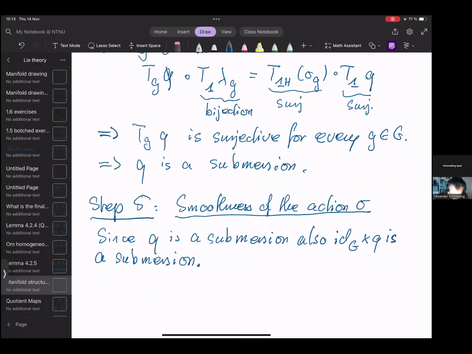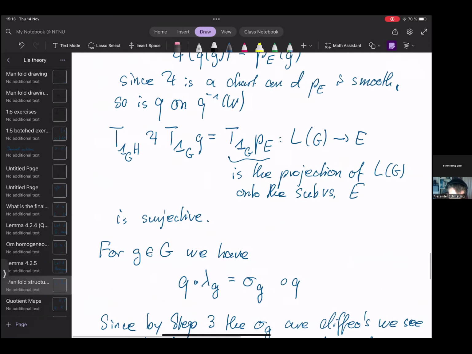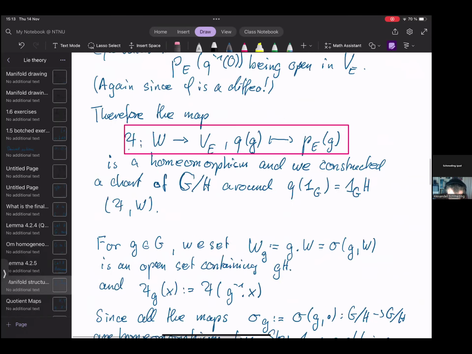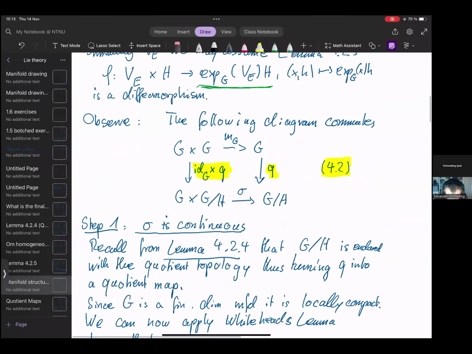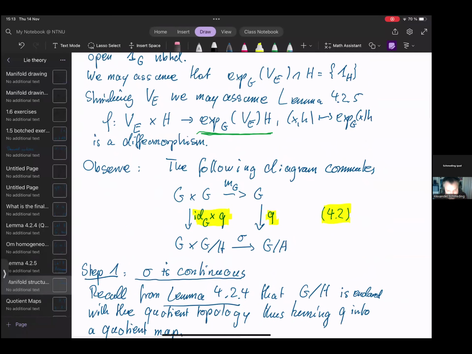And basically, we have again these two mappings. We have Q, which is a submersion. We have the Cartesian product here, which is a submersion. And so let's go back one more time to our commutative diagram. We see now that the vertical mappings in the commutative diagram are submersions. The upstairs map, which is the Lie group multiplication, is a smooth map because it's a Lie group.